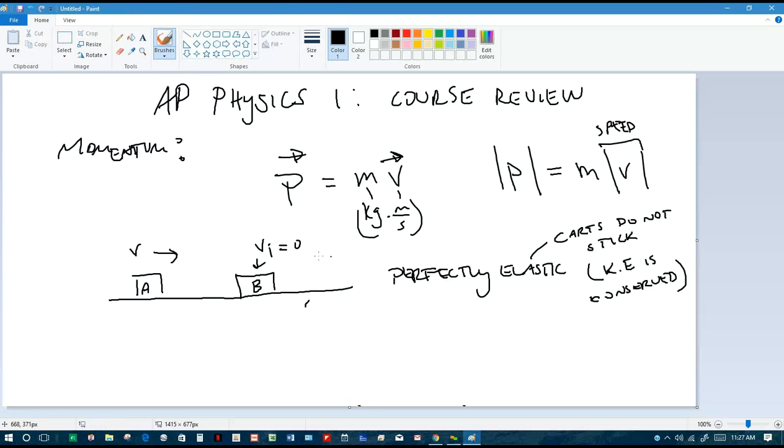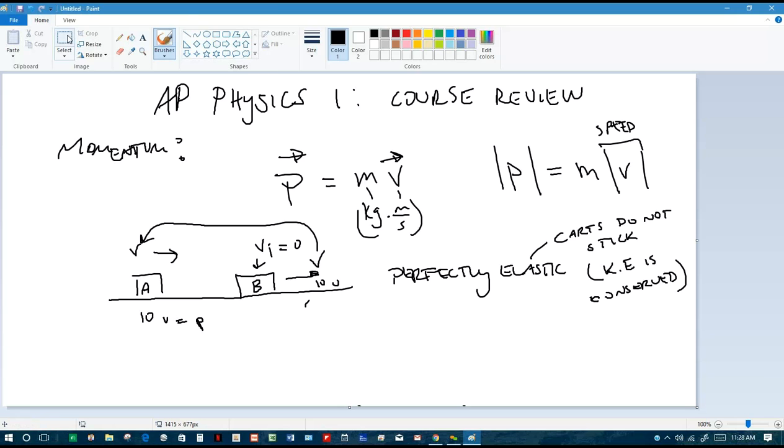Block B would start moving in this direction with a velocity that's equal to whatever this original velocity was. It would be a perfect transfer of momentum. If this one came in with 10 units of momentum, just say 10U, then this one will move off with 10 units of momentum. That's called a perfectly elastic collision.